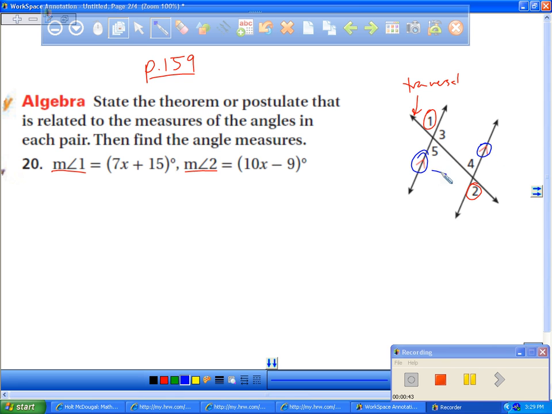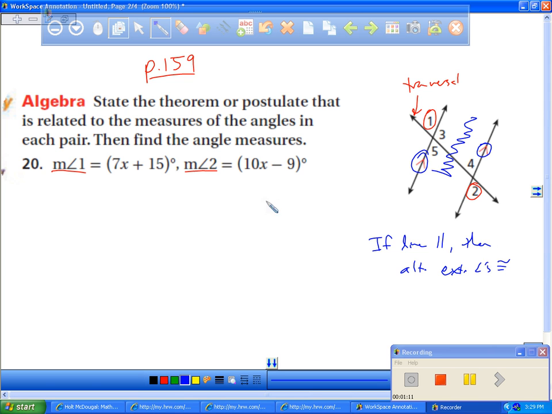So that would put this the interior, which would make 1 and 2 the exterior, and they are on alternate sides of the transversal. So these would be alternate exterior angles. What the theorem would then say is that if the lines are parallel, then the alternate exterior angles are congruent.